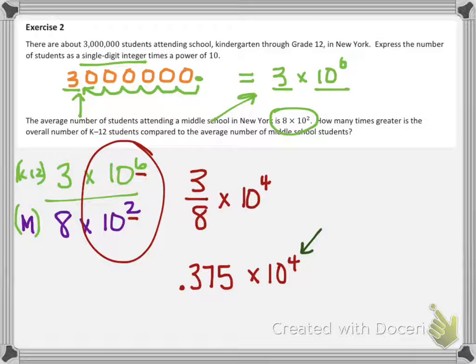Well, the exponent is a 4, so we're going to move this decimal 4 places. 1, 2, 3, 4. That means a 0 gets added in that empty space. So it's 3,750 times greater, the number of K through 12 students compared to the middle school, 3,750 times more.